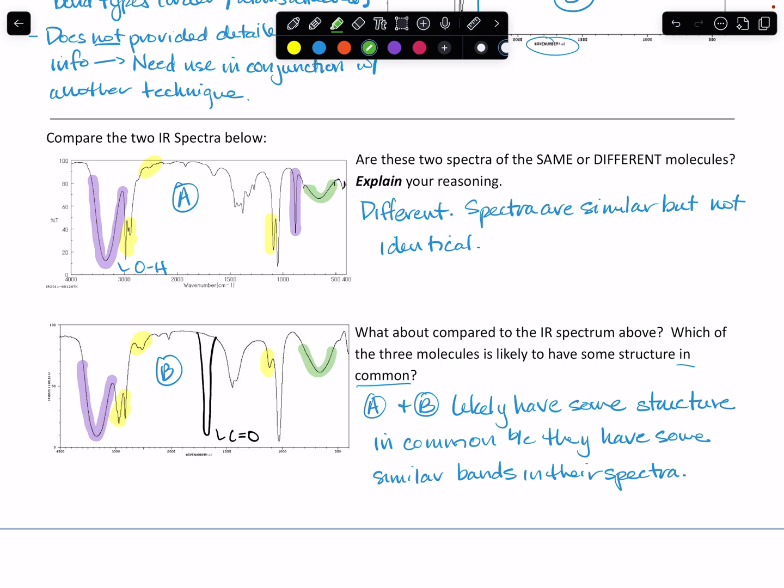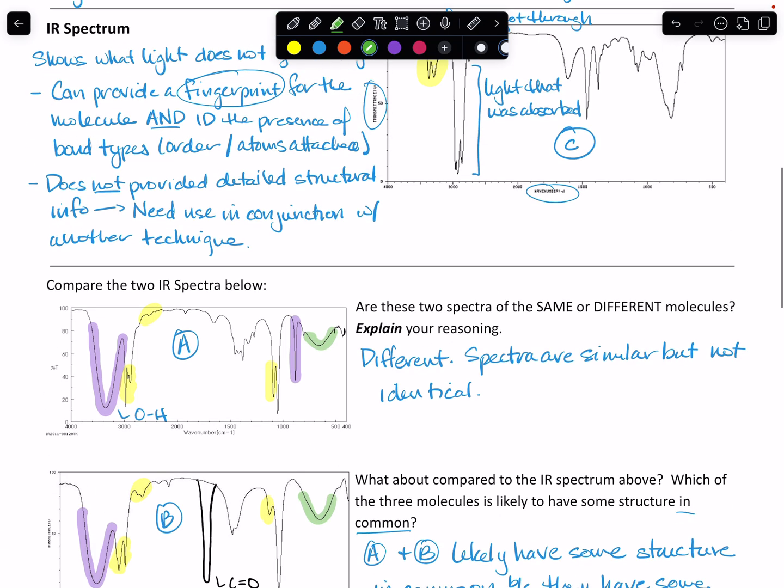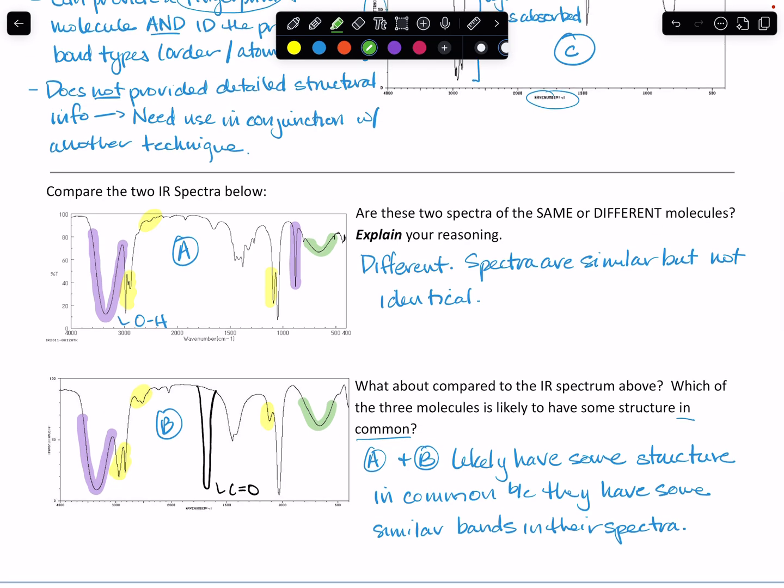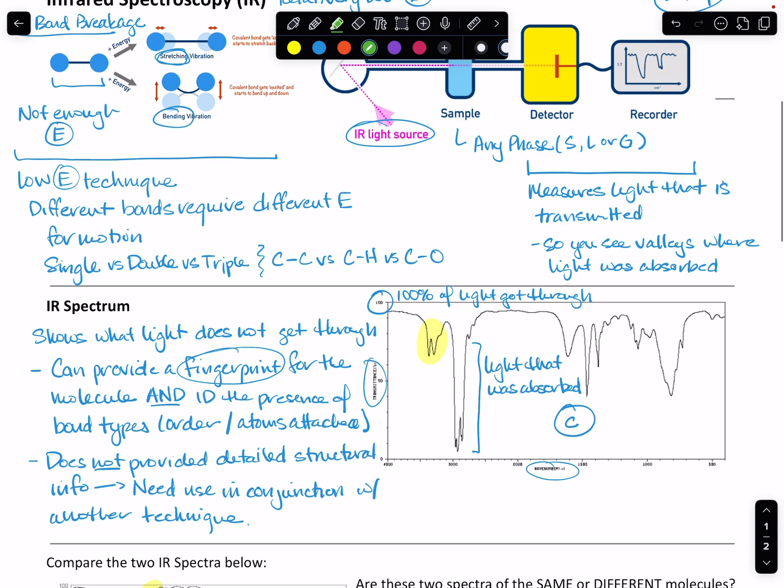So I would say those two molecules probably have some stuff in common in terms of atoms and connectivity, whereas C is a very different molecule. Again, that's just some examples of what you can do with IR spectra. We are not going to dig into identifying specific stretching and bending modes within these spectra. We are going to use them as a way to fingerprint and compare two spectra.